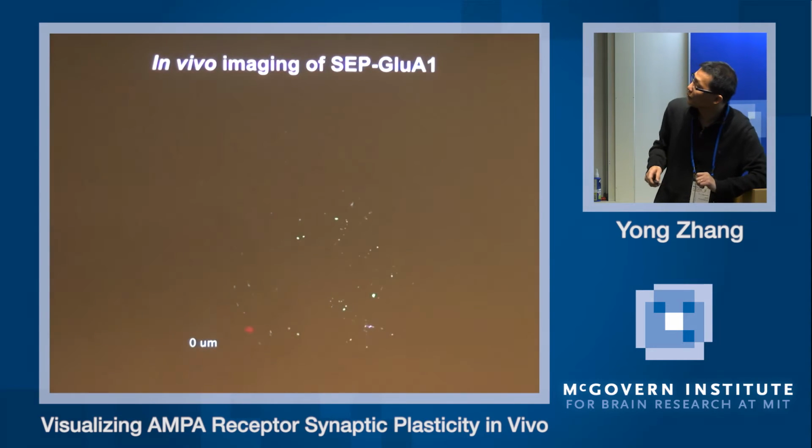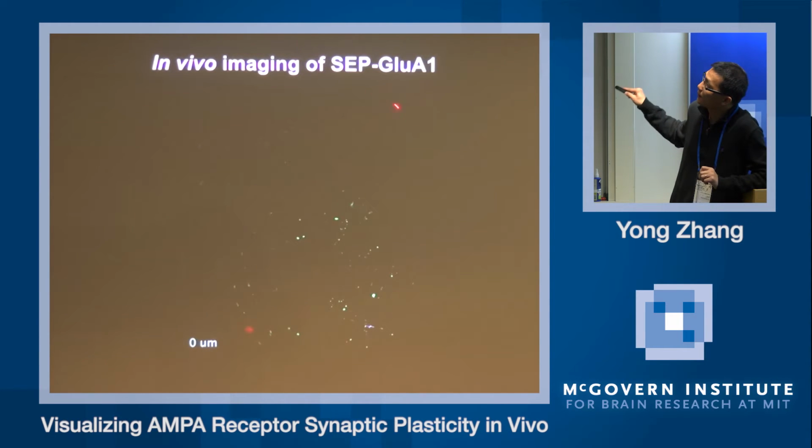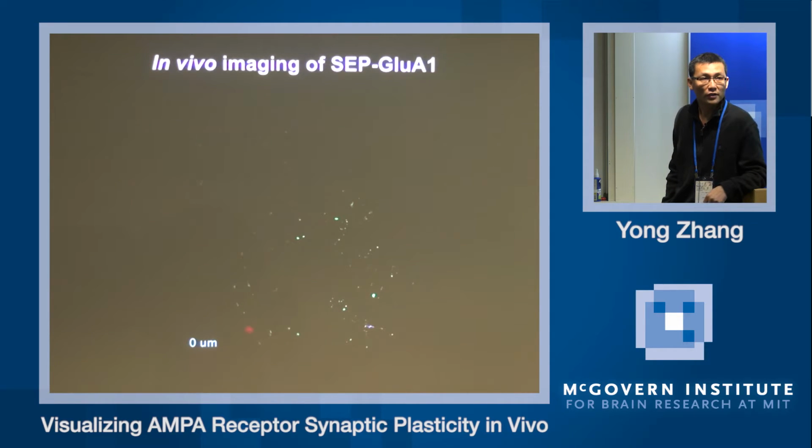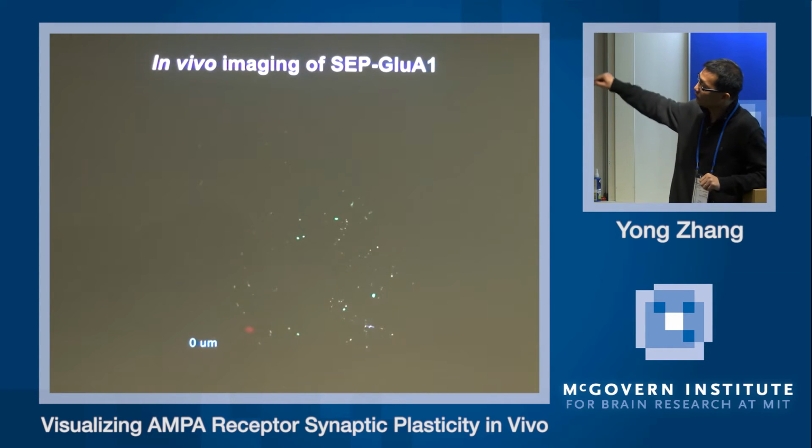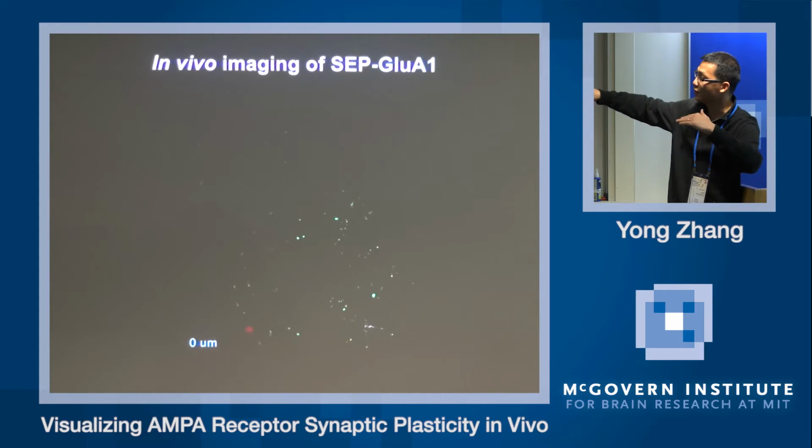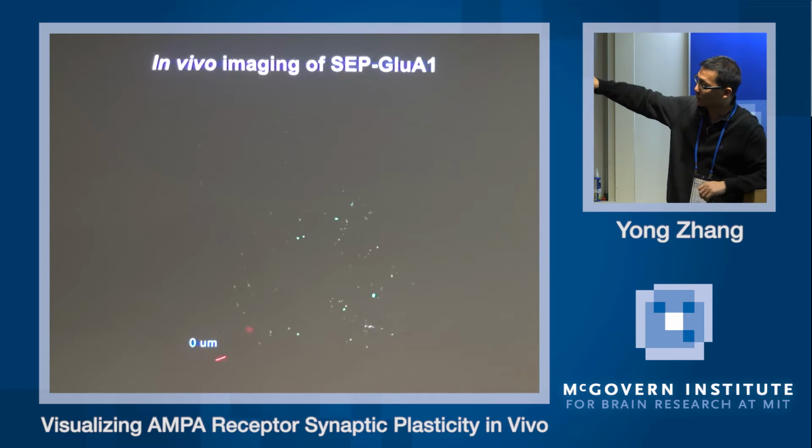Here I'm showing you a Z-stack of the in vivo imaging of SEP-GluA1 that we were able to acquire through our customized two-photon microscope through the cranial window. We are imaging from the top of the brain surface and going inside, and this gives you an idea of how deep we are relative to the brain surface.